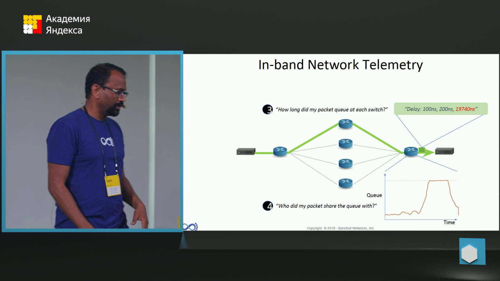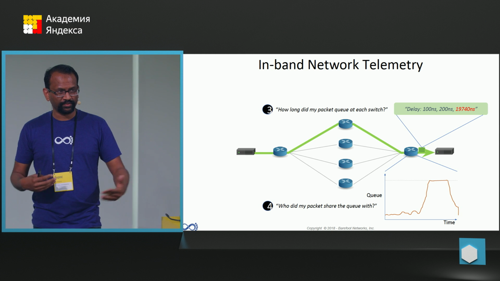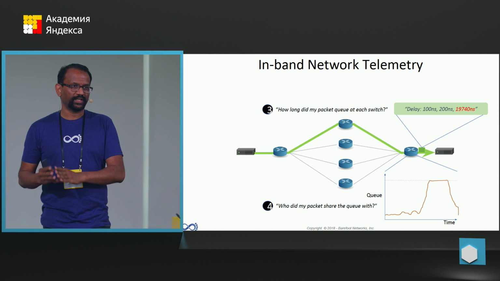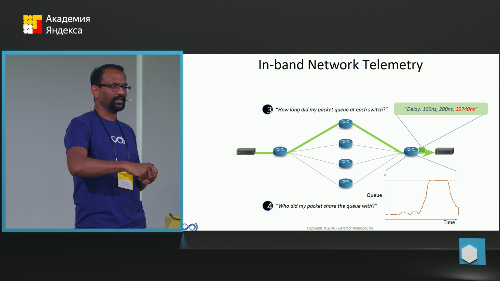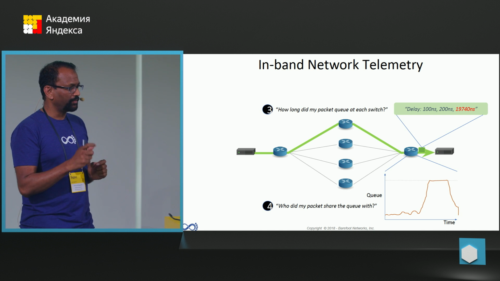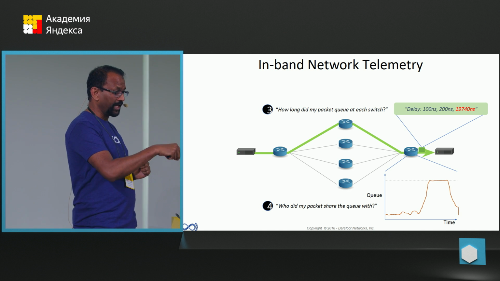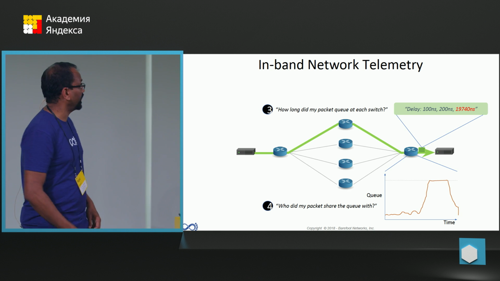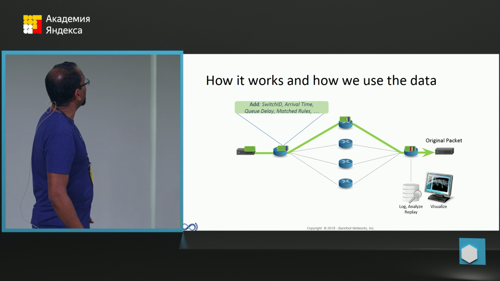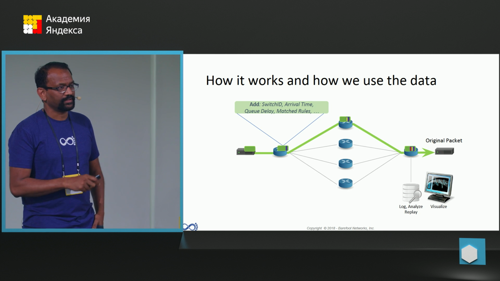How much time in each queue, who else was in the queue. So all of this metadata information can be encapsulated into the packet. The packet will grow a little bit, but you will have this information with the packet. So you can actually take it out at the end and analyze it and visualize it.